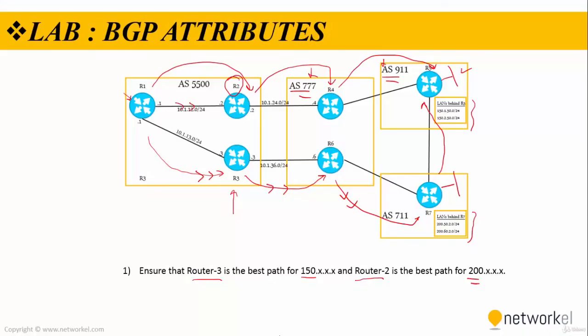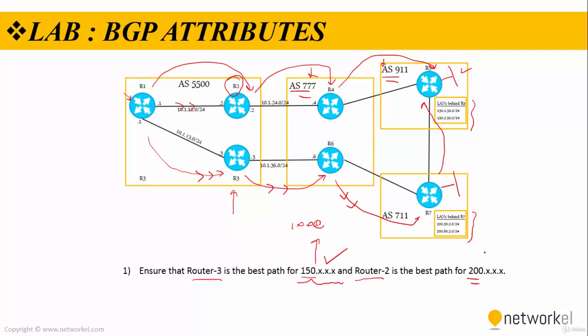Alright, in conclusion, what I defined is just a route map to use local preference in BGP. I set the local preference to a higher value, 1000, for these networks, to ensure that router 3 is the best path for this network.